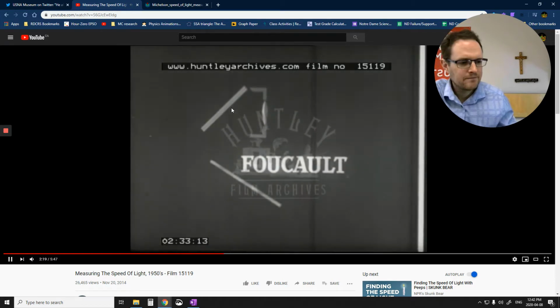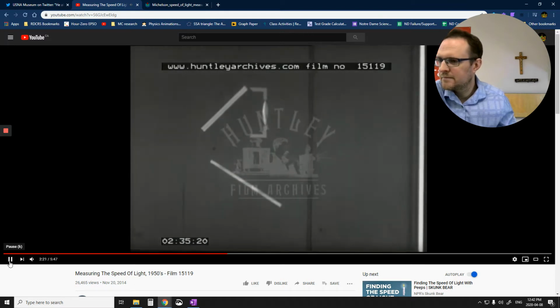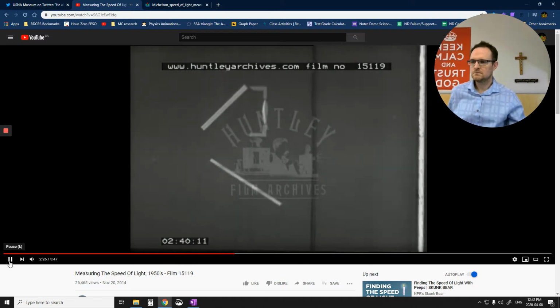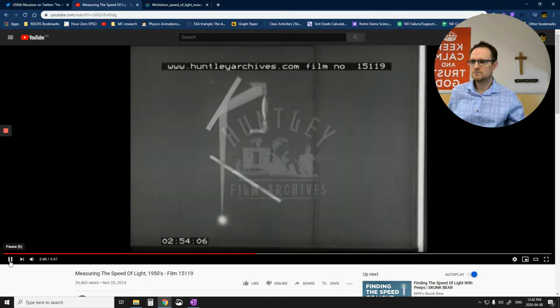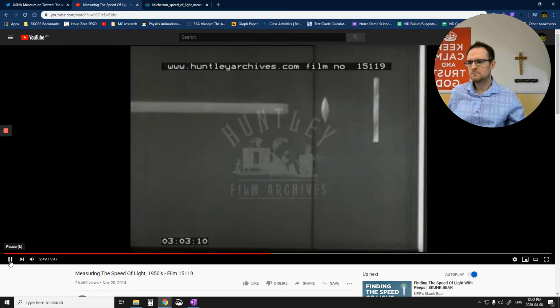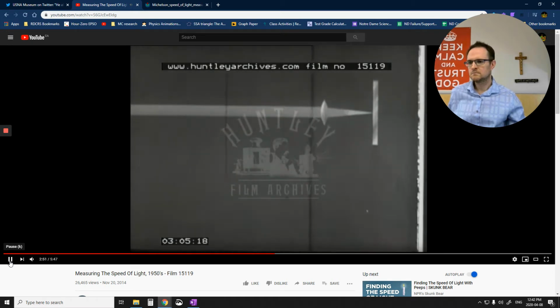In the Foucault method, the wheel was replaced by a rotating mirror. Only during the short time interval while the mirror is in this position can the light from the source reach the lens. A moment before and a moment later, the light misses the lens. If the mirror remains stationary at this position, the light proceeds through the lens and thence to a very distant lens-mirror combination, from which it is reflected back to the rotating mirror.